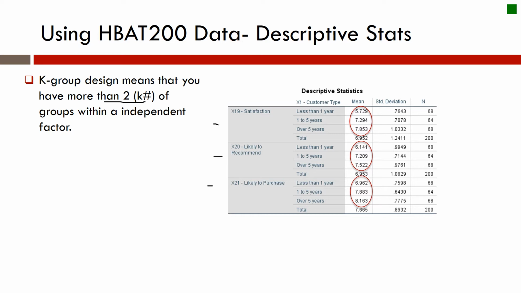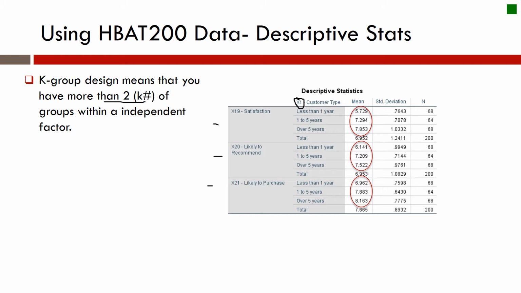But then within the independent variable, in this case customer type X1, it looks like we have 3 different groups of customers based on how long they've been our customer. So instead of 2 groups, we have 3 groups here.